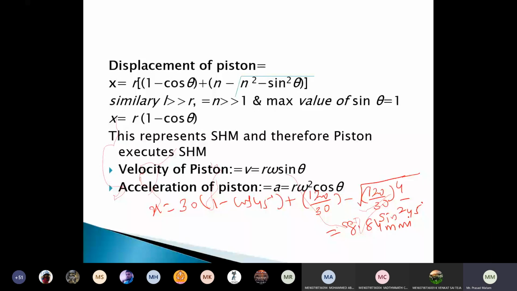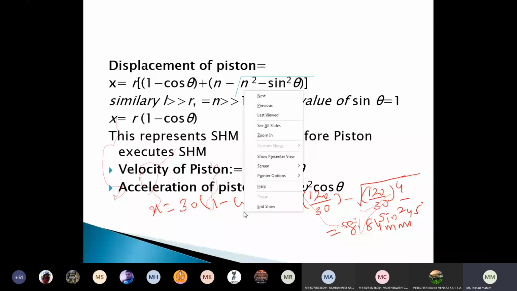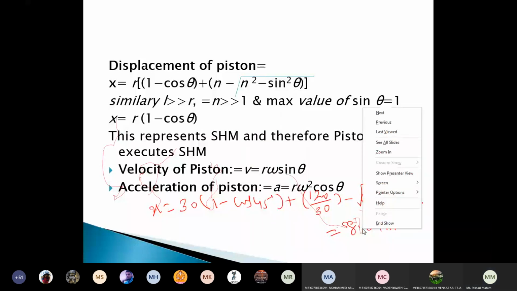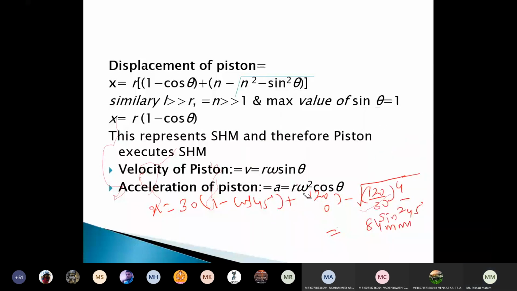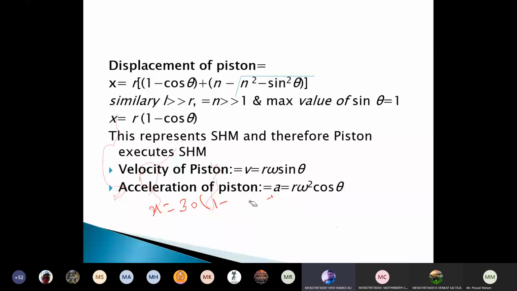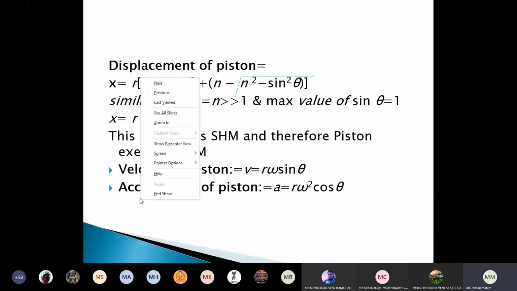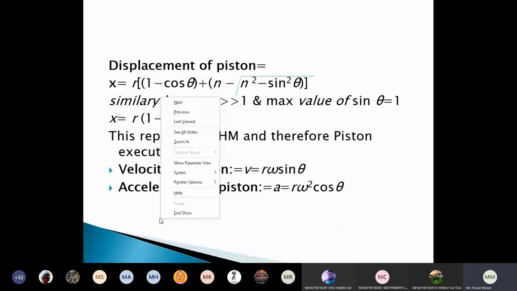Okay. Similarly, let us solve for the velocity also. I will go again, option eraser. You can use the whiteboard, sir. Yeah, I will do that. x equal to 8.85.